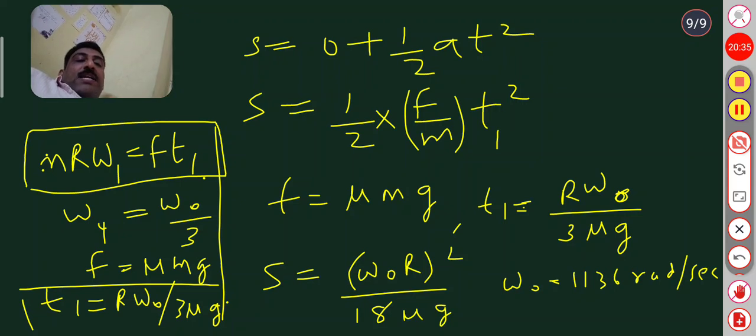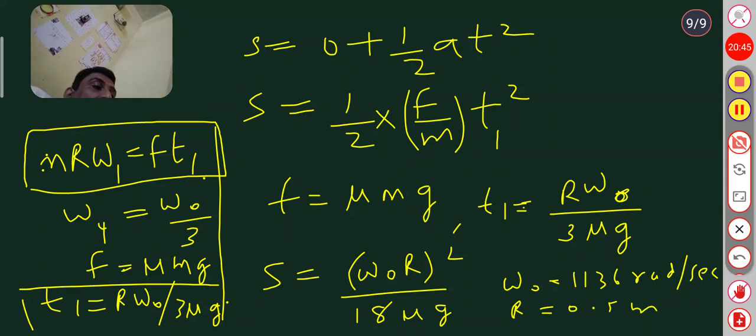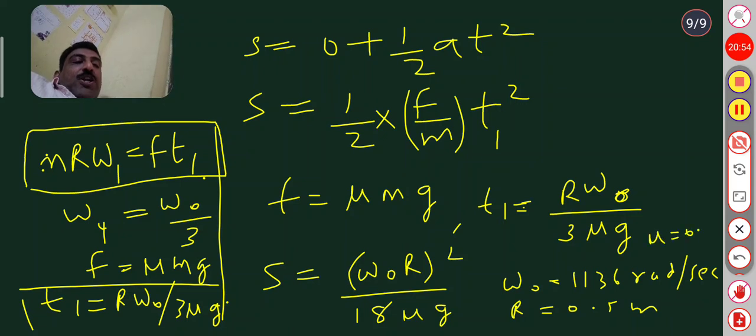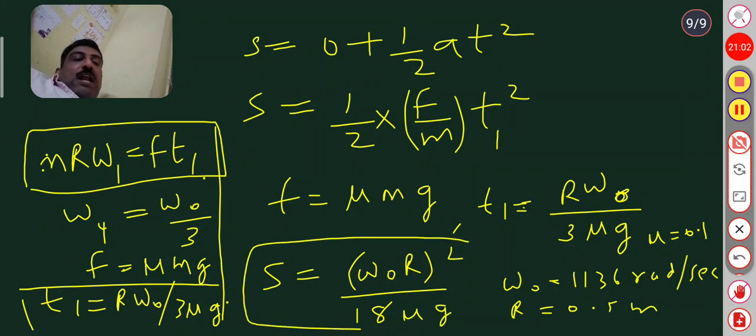And the radius you know is 0.5 meter, and the mu value, the coefficient of friction, is 0.1. So calculating all this, you will get the s value. This is the equation for calculating s.